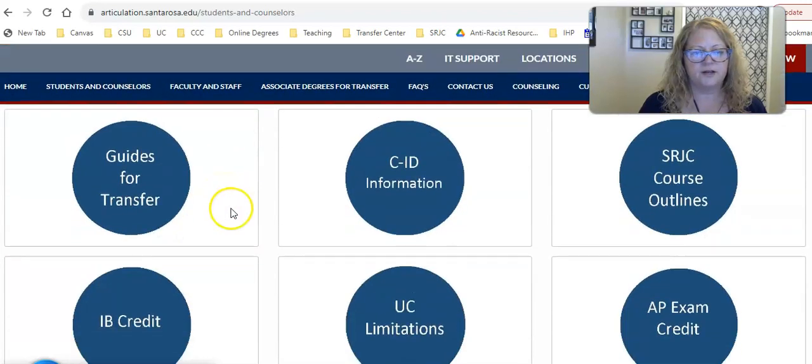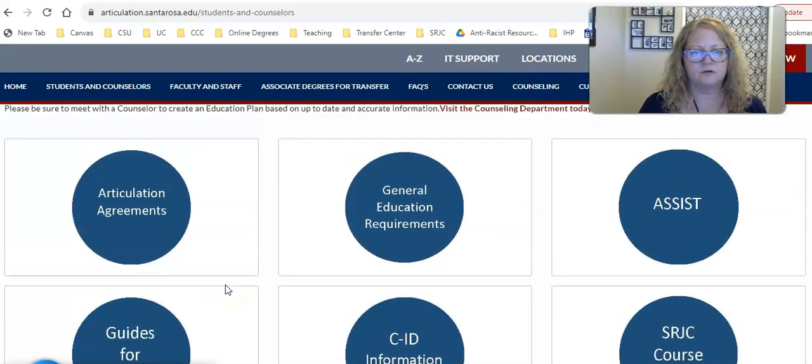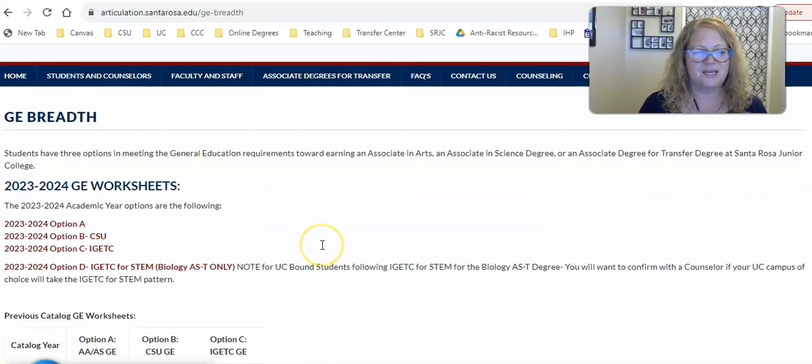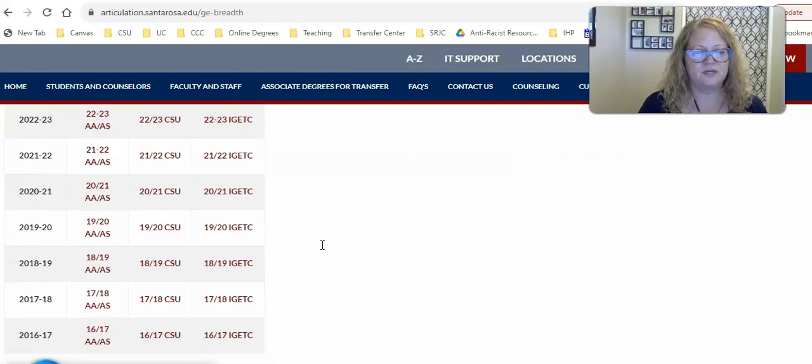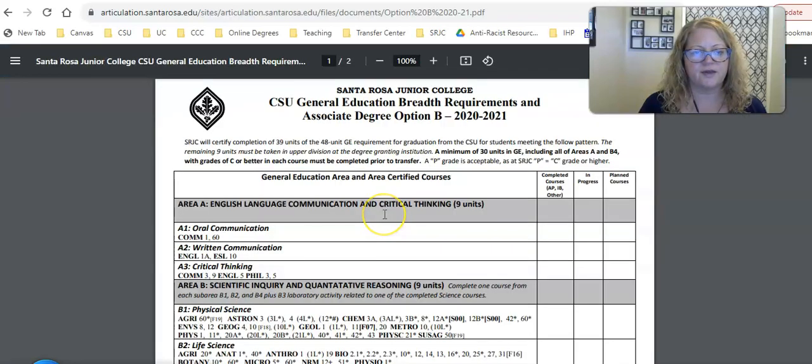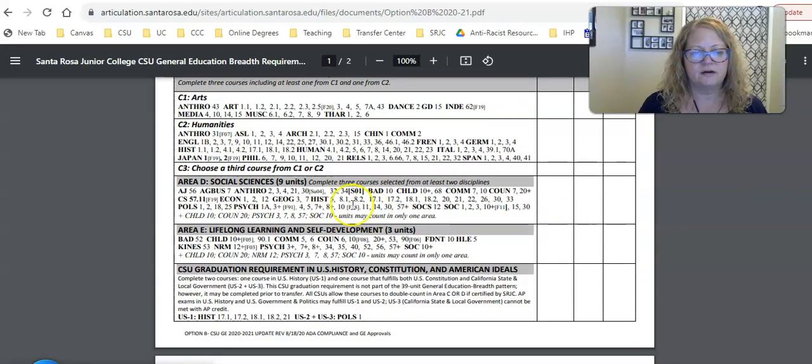Then you go to the top, click on general education, and you can see previous versions. So if you started in 2021, here's the CSU, here's the IGETC. So let's go back and look at that. So you can see on here that Area D was 9 units and there was no Area F, okay?